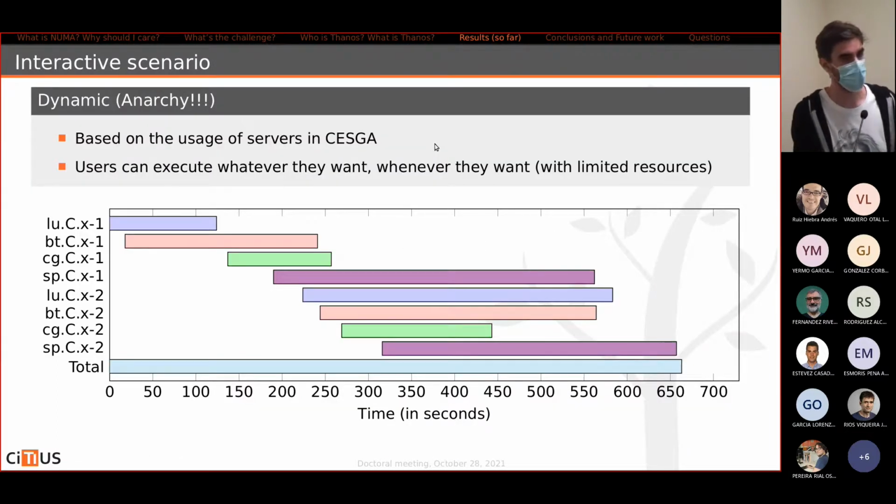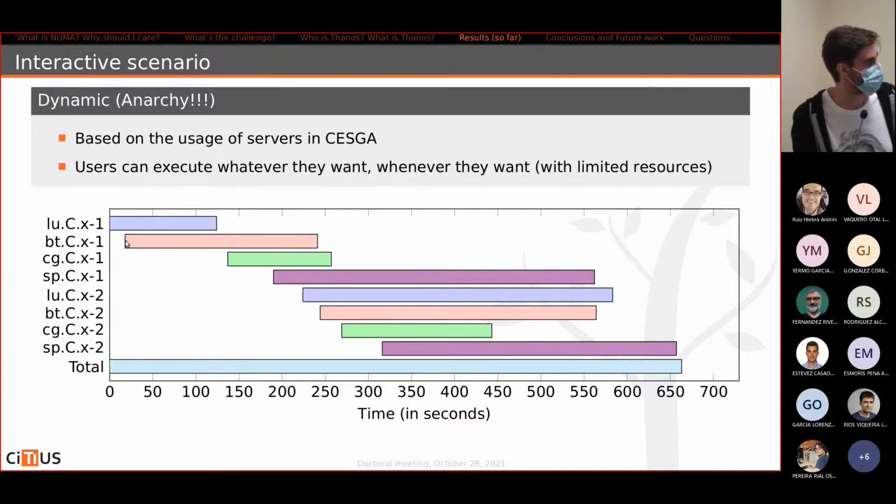Here we have the interactive scenario, which is kind of an anarchy, because users can launch the benchmark whenever they want. This is a trace we built based on the usage of servers in Tesla. Here we can see that one user sends a benchmark at time 0.